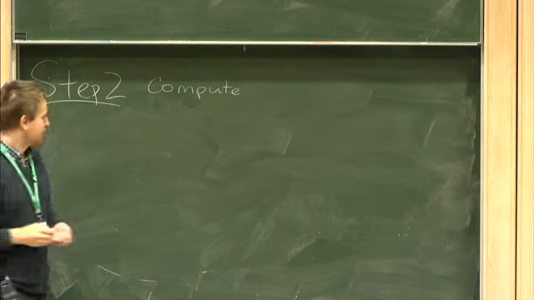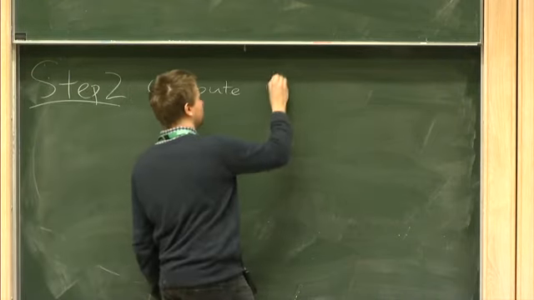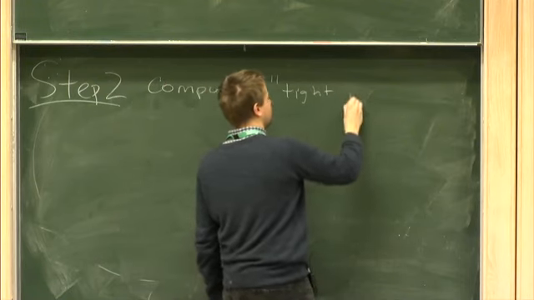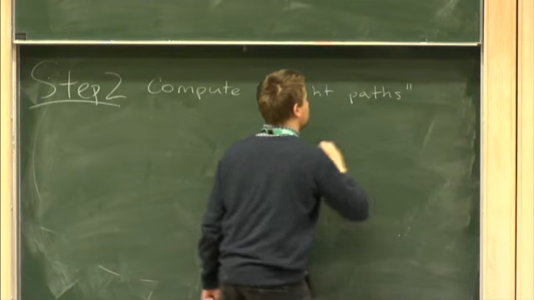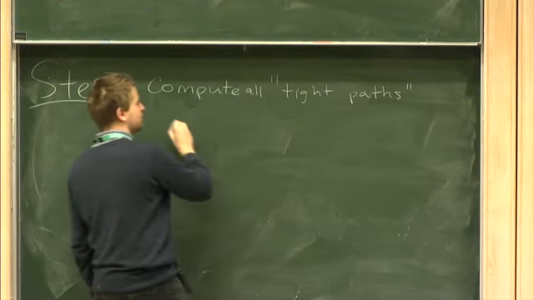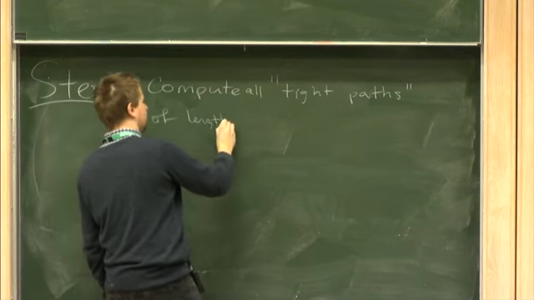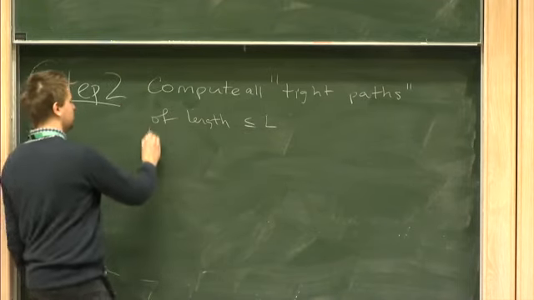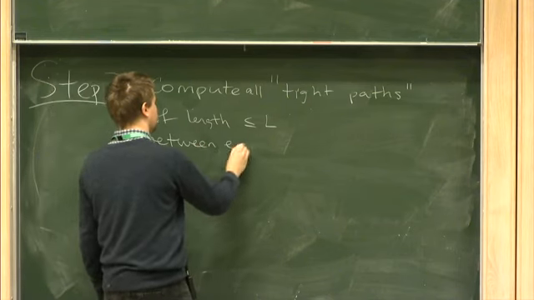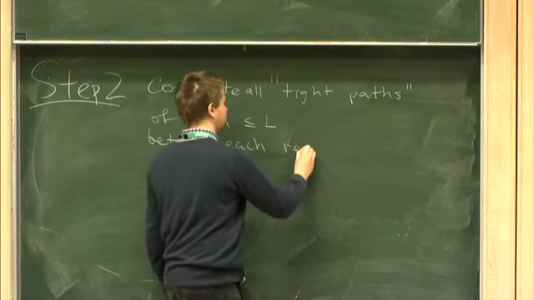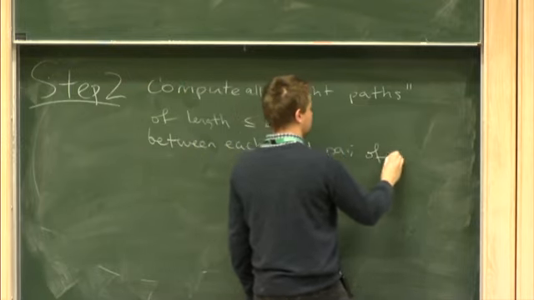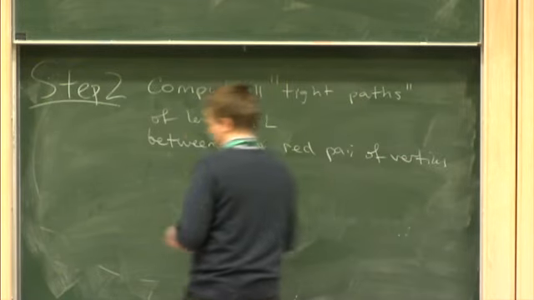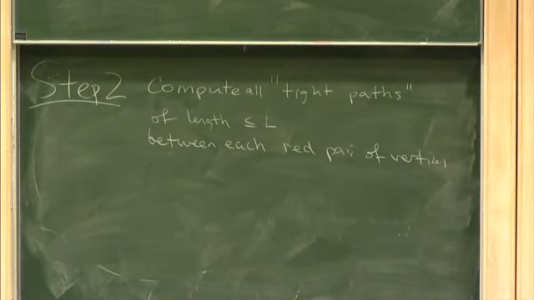The paths that we compute, we'll just call them tight paths. So we compute all the tight paths of length at most L, where L is just a universal constant, between each pair of red vertices. So these guys are red, and now we compute all these tight paths.